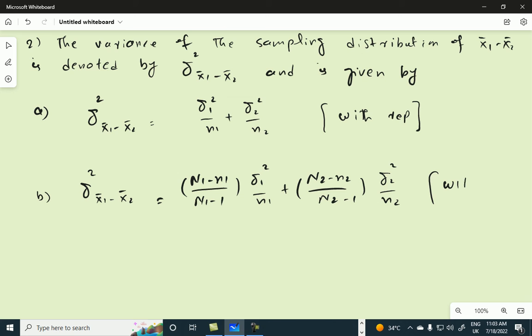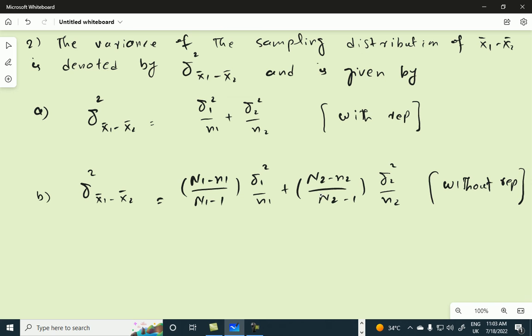This is the case of without replacement, and these are the finite population correction factors. This is the finite population correction factor for population 1, and this is the finite population correction factor for population 2.